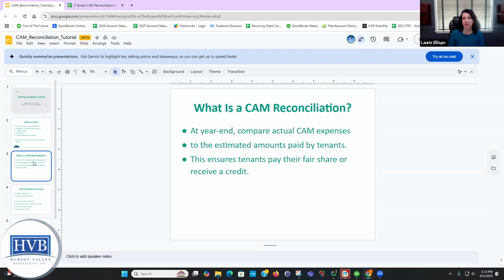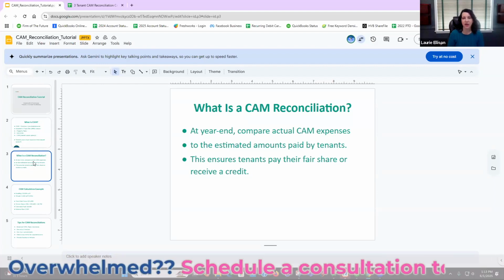So it's a little bit the same thing. It's an estimate, but then at year end there is a reconciliation to see if the expenses were more or less than what you were charged. Okay, and this is basically so that you're paying your fair share and not over or under.